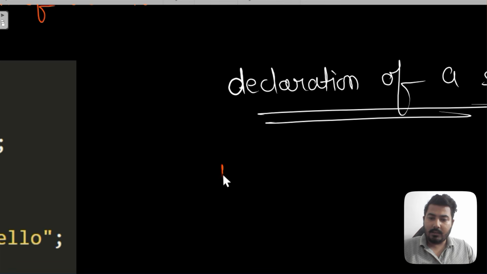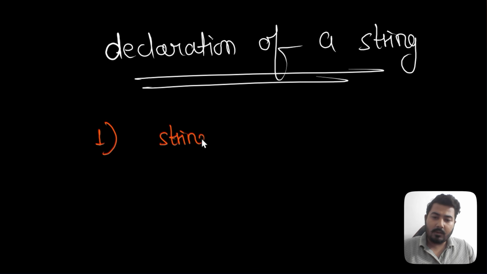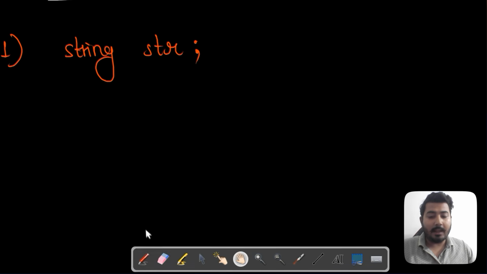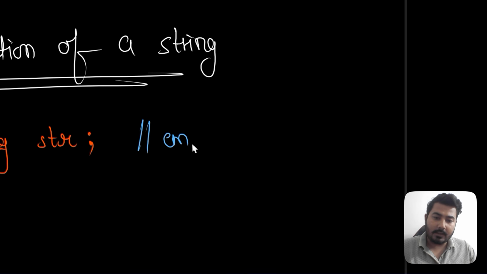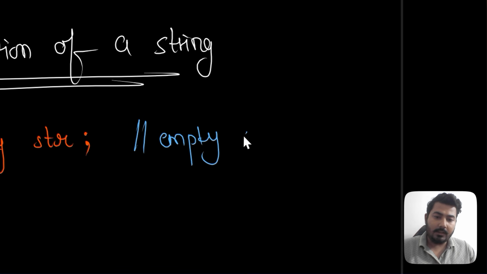One way, the first one, is to write the keyword string and then simply the name of your variable. This will be considered an empty string, which I have just explained to you. It is an empty string.